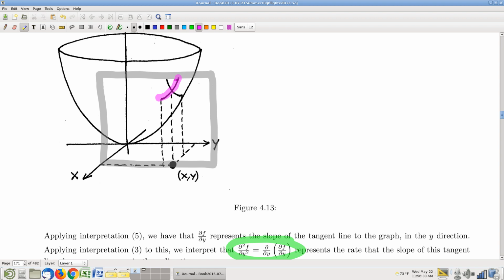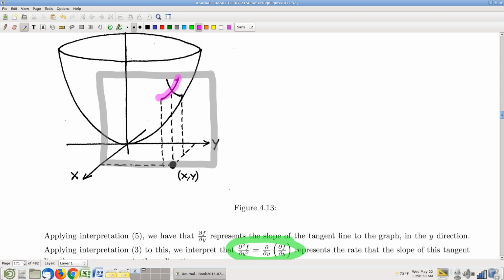So let's say it like this: this second partial says I'm going to treat x as a constant. Therefore, I'm looking at this cross-section. And while in this cross-section, I'm going to take a second derivative. I'm going to view this little purple curve here as a function of a single variable y, and I'm going to take its second derivative with respect to y, of course, because that's the single variable.